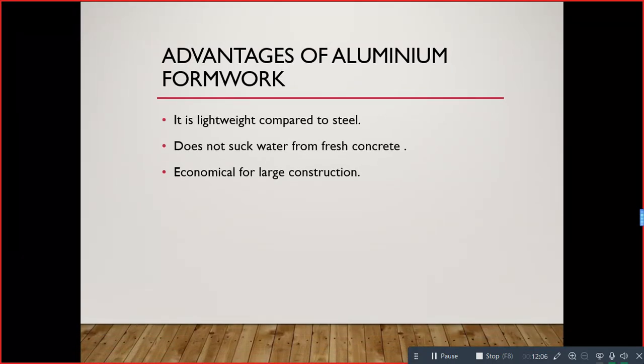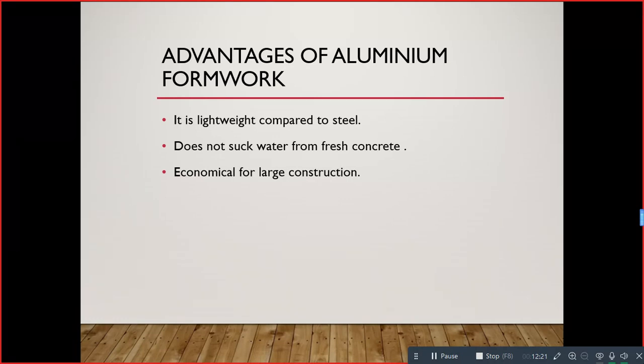We go now to the advantages of aluminium formwork. Number one, it is lightweight compared to steel, so it's very light when you are using it. Number two, it does not suck water from fresh concrete.